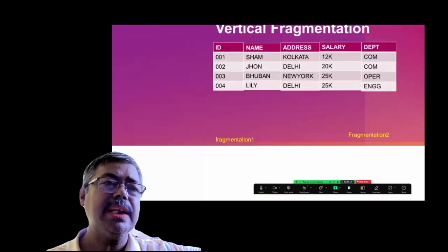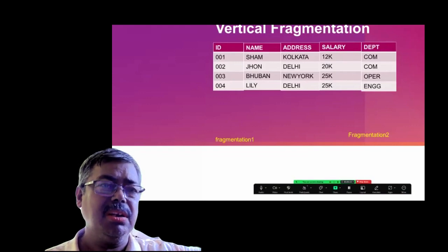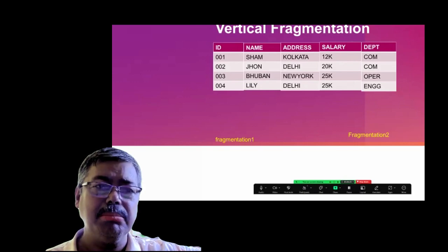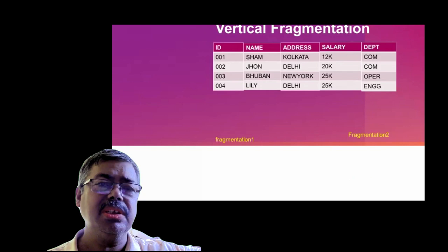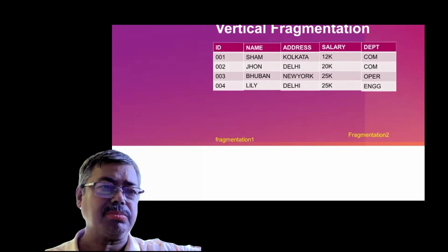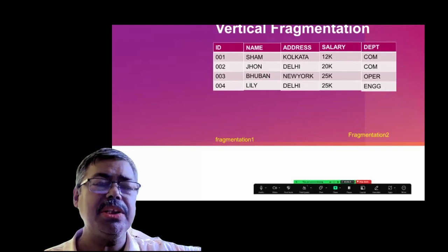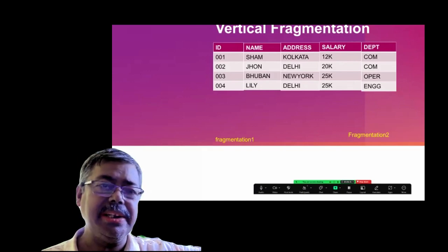Now in the case of vertical fragmentation, look at my screen. There are 5 columns: ID, name, address, salary, and department. ID is the primary key, and name, address, salary, and department are candidate keys.